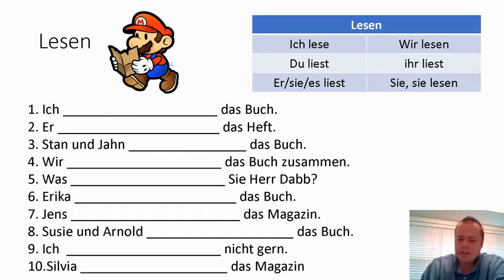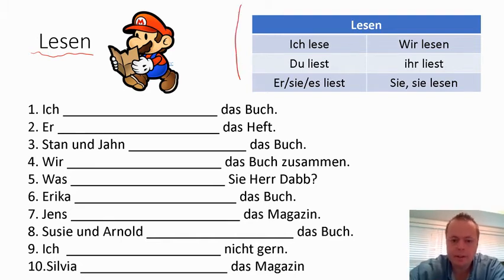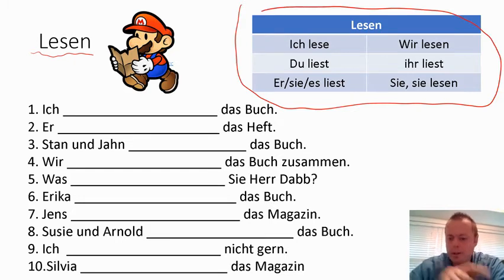Wir haben das Wort lesen. So lesen, when it's in its regular form, looks like this. This right here is actually what they call a conjugation chart. It just means that whenever you say I read, you read, we read, they read, there are some changes that happen.